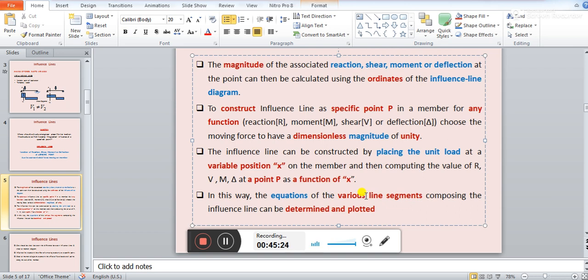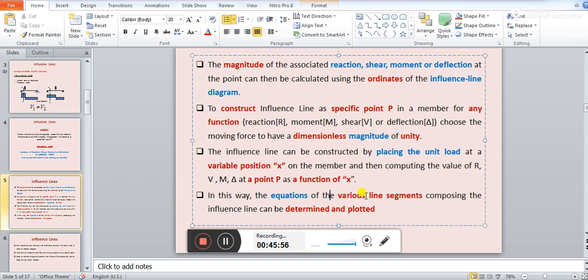You will see that at different positions of the unit load, of dimensionless magnitude, because of the variable position of the load, you will be getting equations, and those will come as equations of straight lines.